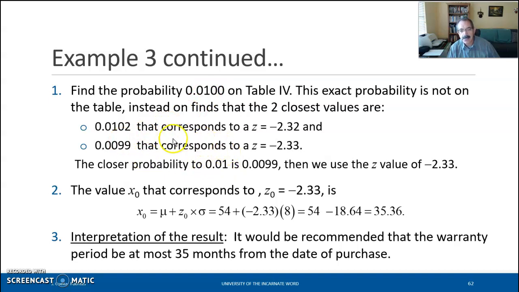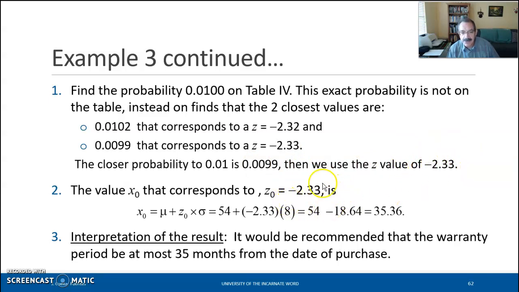Because it's not right in the middle, we take the z-value of the closest probability to the probability that we're looking for. So we're going to say that the closest probability is 0.0099, and then we're going to use the z-value of minus 2.33.